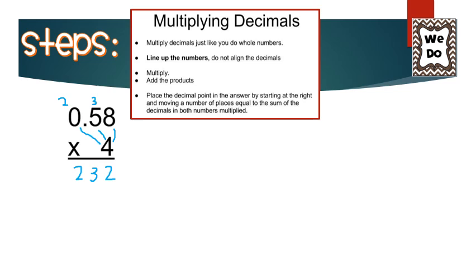That's our answer, 232. But if you look at the numbers that we're multiplying together, our factors, 0.58 times 4, that doesn't make sense to have 232 be our answer. We have to look at where to place our decimal point. So let's count and see how many decimal places we have in each of our numbers. 2 in the top number, and 0 in 4, right?